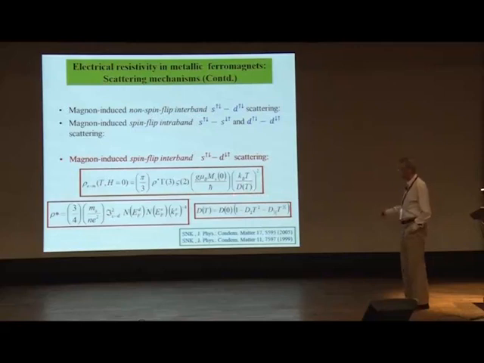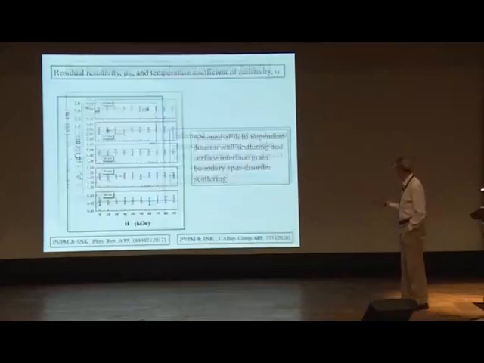Then it can also go as T square. So not only do you have electron-electron scattering, which goes as T square, you also have coherent electron-magnon scattering, which also gives rise to a T square term. So the question comes, how do you separate them out? How do I say whether this is actually electron-electron scattering or electron-magnon scattering? That's what we're trying to see here.